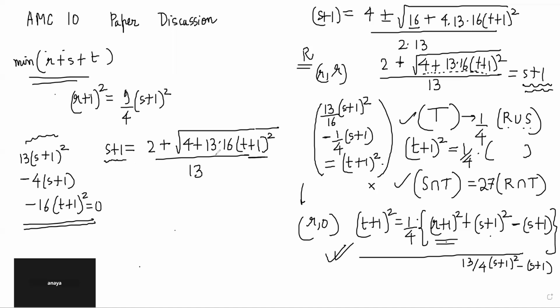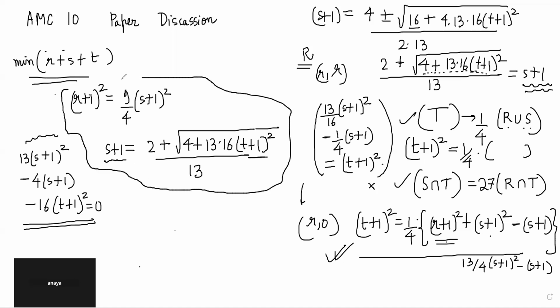So what can we conclude from here? We have not yet used the other conditions, the third condition, the intersection one.